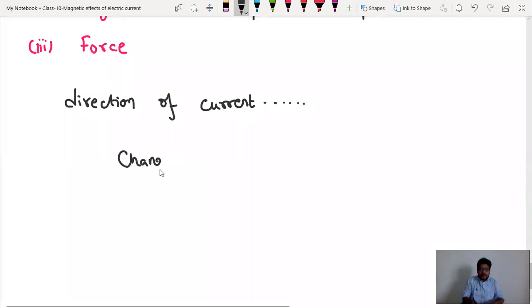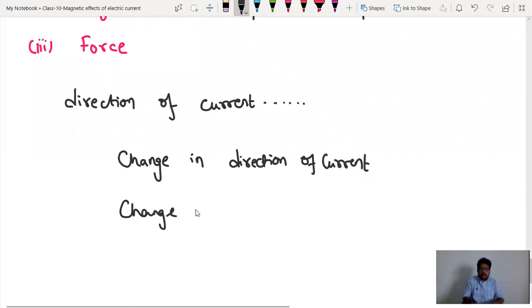When there is a change in direction of current, there will be a change in magnetic field. Do you remember?